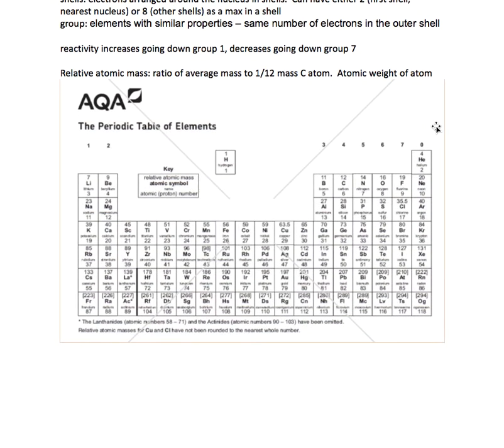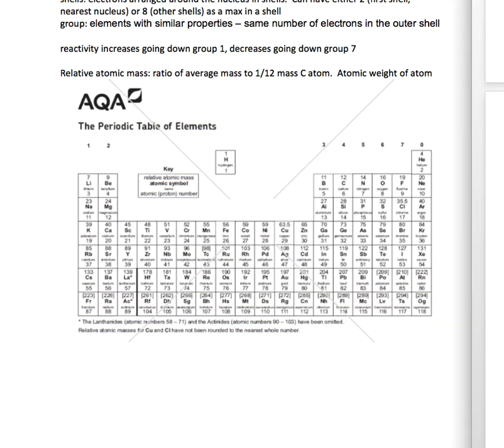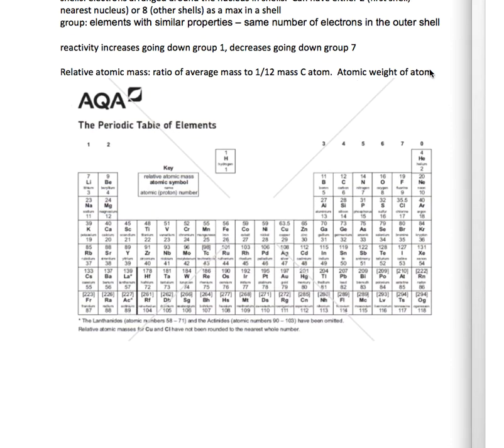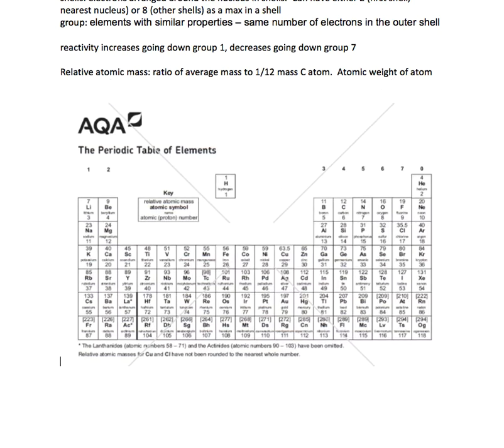So you need to be able to work out the relative atomic mass of any element you're given.